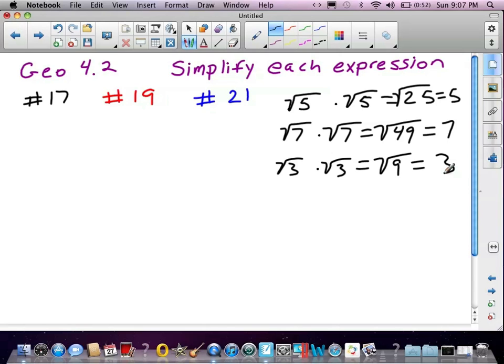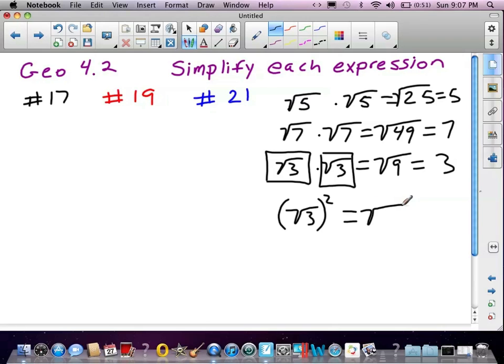And so the point I'm trying to get across is that if you take a square root that is as simplified as it can be, but then you multiply that square root by itself, right? I could actually say the square root of 3 squared. Okay? If I multiply that square root by itself, it will always give me a radical expression, in this case 9. It's always going to create a radical expression that leads to a perfect square.